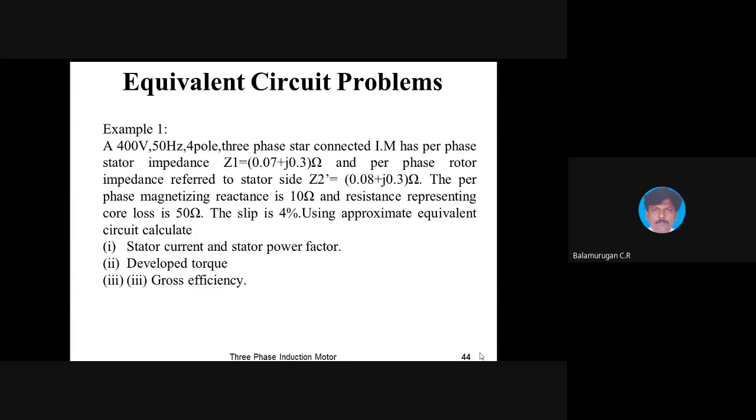So next, we'll go for the I1. I1 is equal to I2 dash plus I0. And you substitute the value here. So what is the I2 dash value? 107 angle minus 16.2 plus 23.4 angle minus 79.